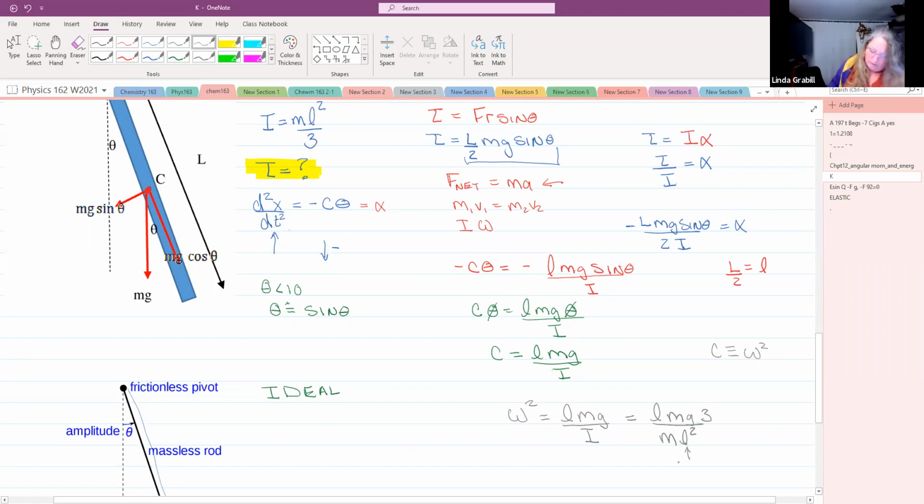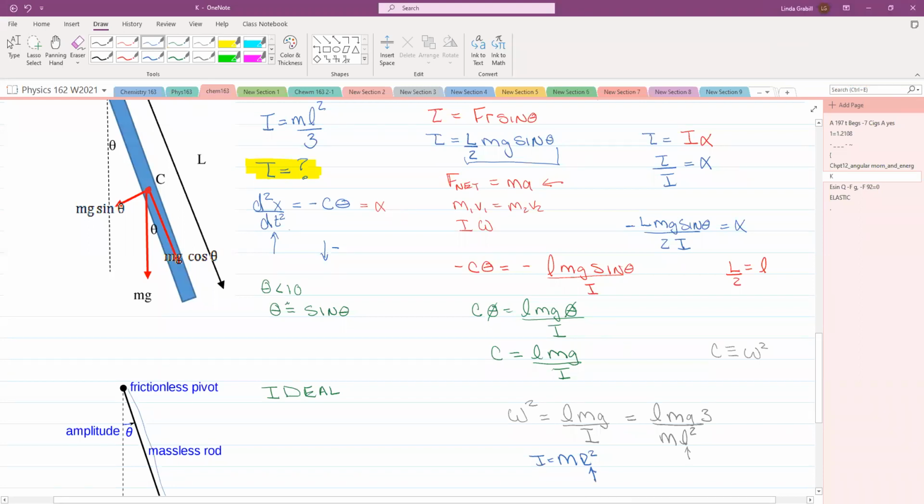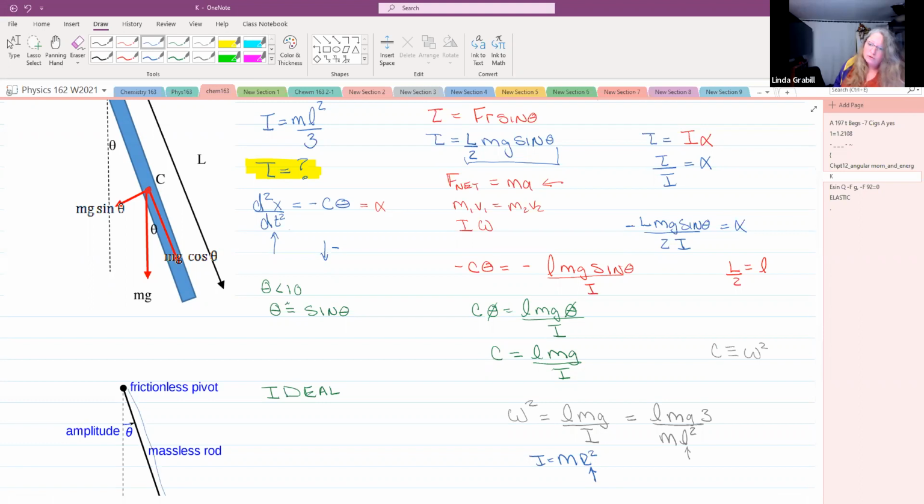Let me rephrase that in a different color. If I say mr squared for I, what is this r? Oh, that would be the length of the pendulum. Close, close. Distance from pivot point. Bingo.